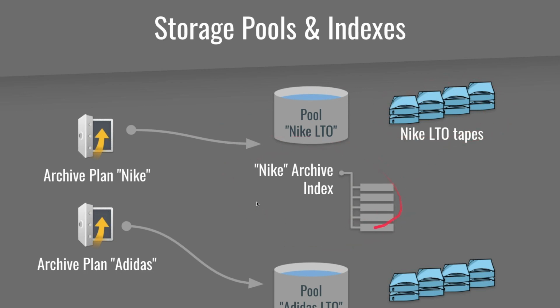And we have a Nike database, an archive index just for that. And then we have another one called Adidas, with all the same separation of tapes and index. And the beauty of this is that I can then log in as a Nike guy and just browse the Nike archive index with no Adidas stuff coming up at all, complete separation. So you can achieve that. Really handy if you're working in front of a customer or something like that.